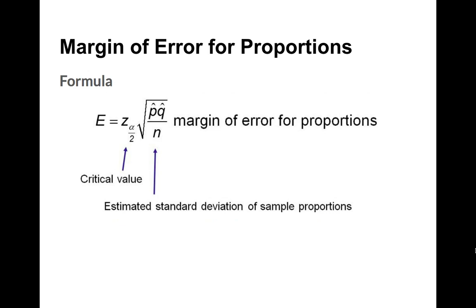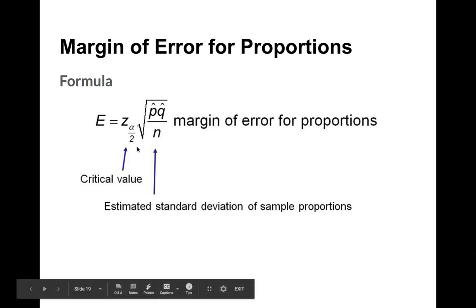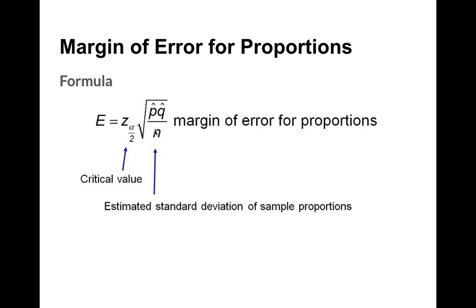And very simply, the equation for the margin of error for a proportion is: our margin of error is the critical value times the estimated standard deviation of the sample proportion. And that's just very simply the square root of the sample proportion times 1 minus the sample proportion over n.